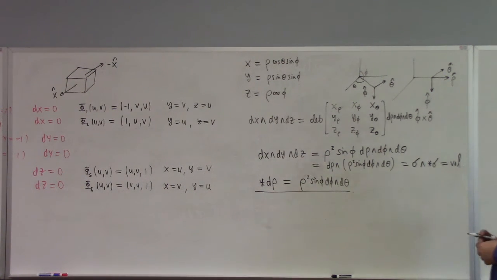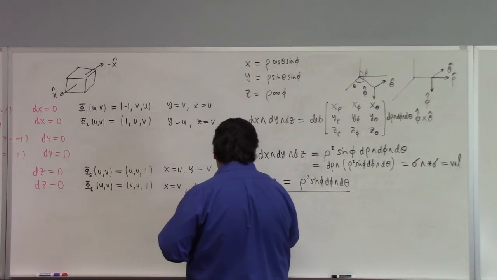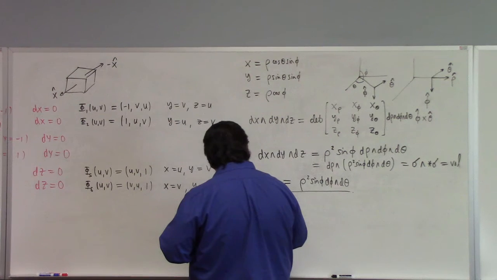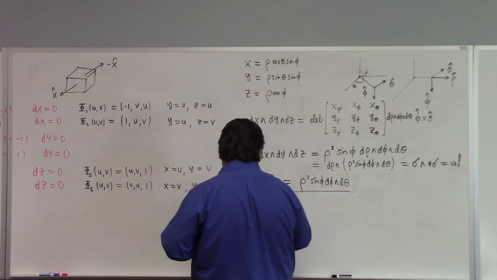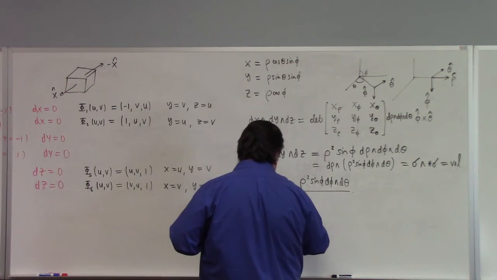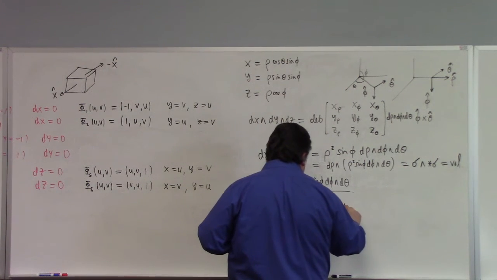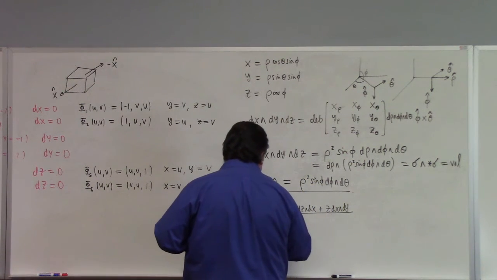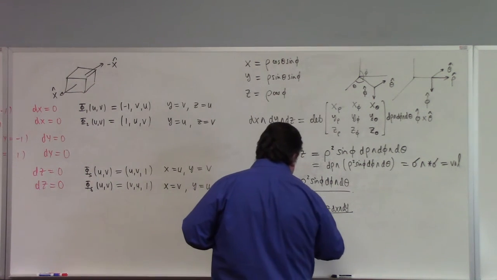So, one of your homework problems, you had this omega, which if I recall correctly, and I do, is x dy wedge dz plus y dz wedge dx plus z dx wedge dy, all divided by x squared plus y squared plus z squared to the 3/2 power.